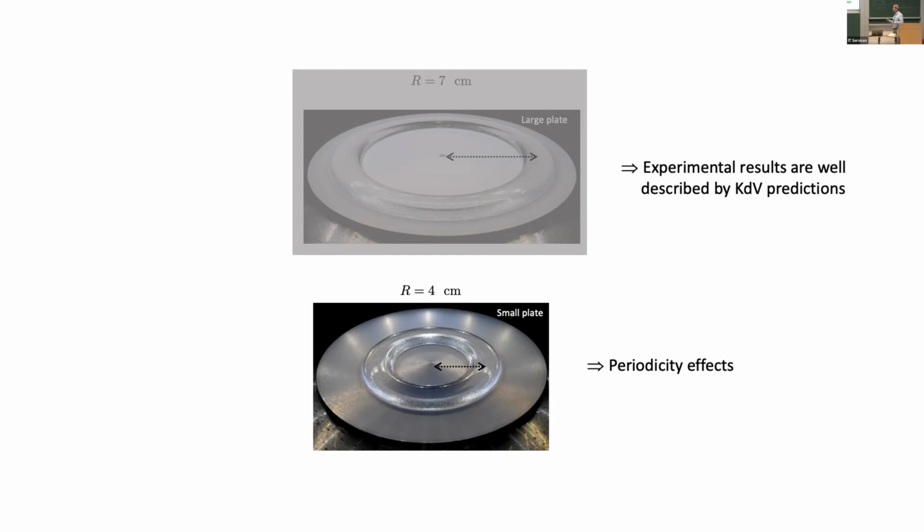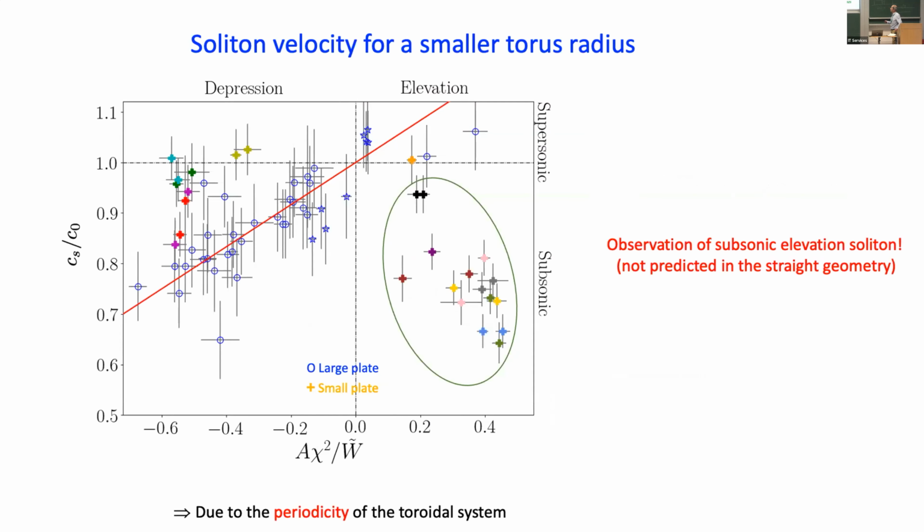If you do the same as previously, you generate solitons, compare with the KdV solution, and measure the wave velocity, what you observe, quite surprisingly, is that you populate this quadrant of the velocity versus amplitude plot. So we observe subsonic elevation solitons, because this is below the linear velocity, which is not predicted in the straight geometry. And I will show you that it is due to the periodicity of this toroidal system.